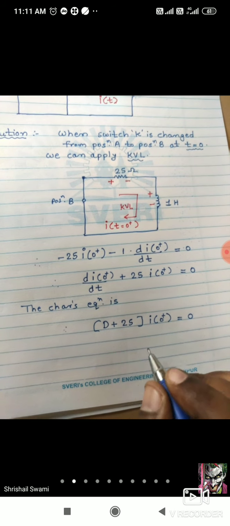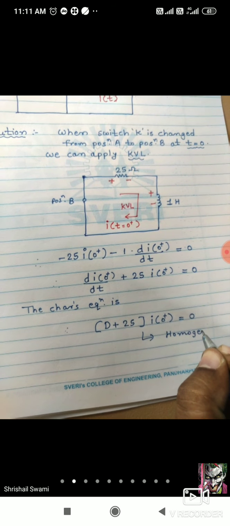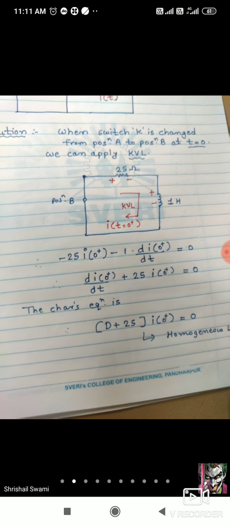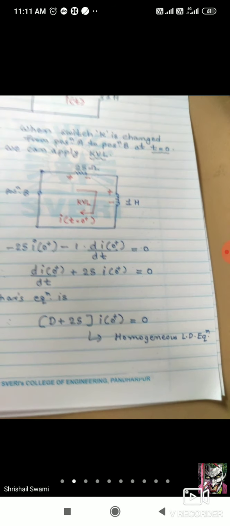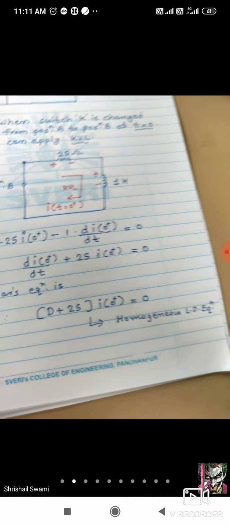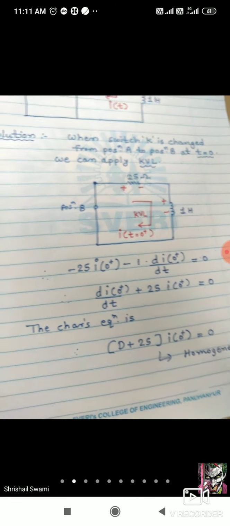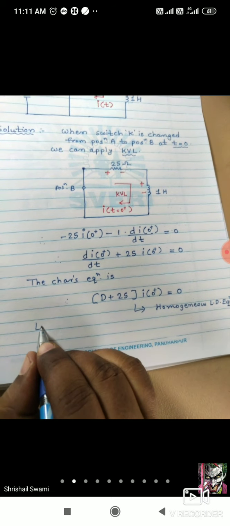Or you can consider it as a homogeneous linear differential equation. In that case, what will be the solution?